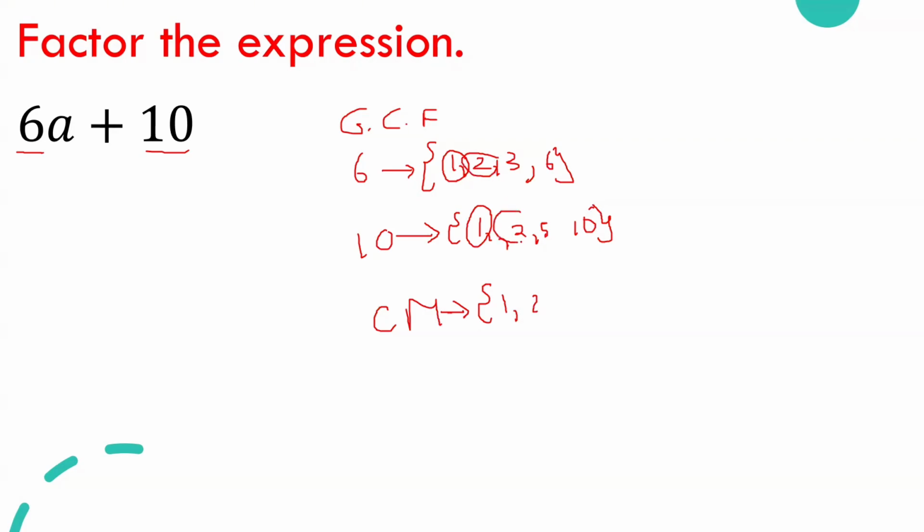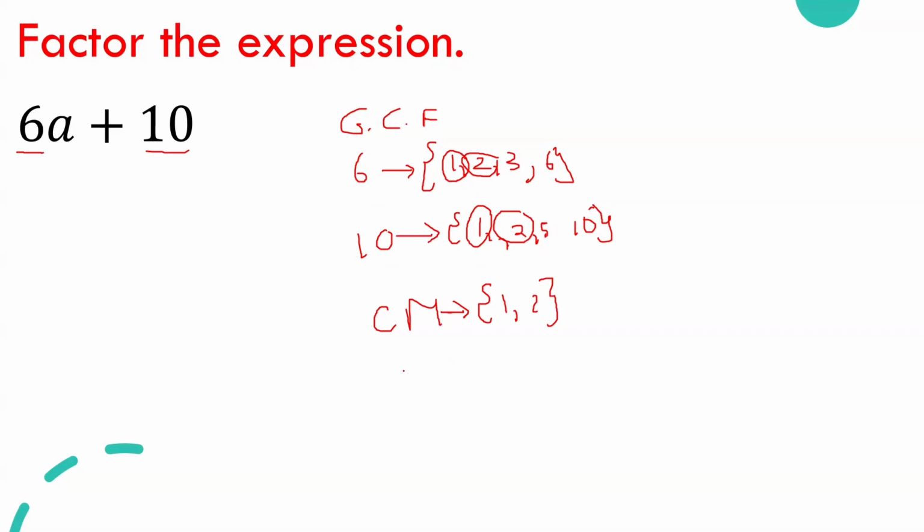If you look at 3, 3 can divide 6 exactly, but it cannot divide 10. It's not a factor of 10. Same thing with 5, same thing with 10. So the common factors between 6 and 10 are 1 and 2.